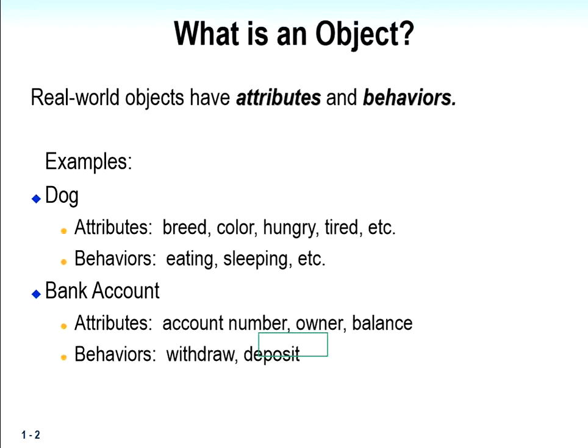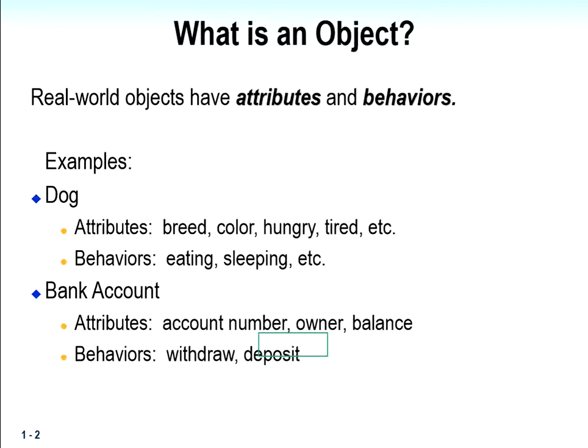These are not exactly nouns. The noun is the dog, isn't it? The noun is the object, but it is defined by certain adjectives, certain definitions like breed, color, hungry, tired. They are all attributes of a dog.